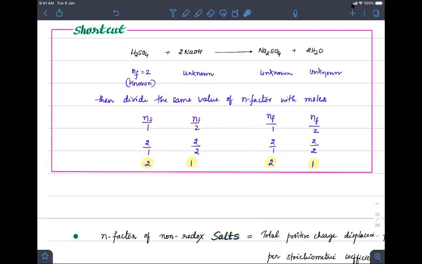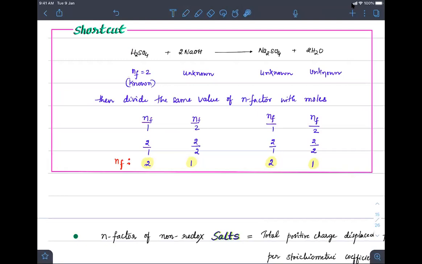The N factor of H2SO4 is 2, so 2 divided by 1, divided by 2, divided by 1, divided by 2. So these are the N factors of all the compounds: for H2SO4 it is 2, for NaOH it is 1, for Na2SO4 it is 2, for H2O it is 1. This really helps in problem solving.